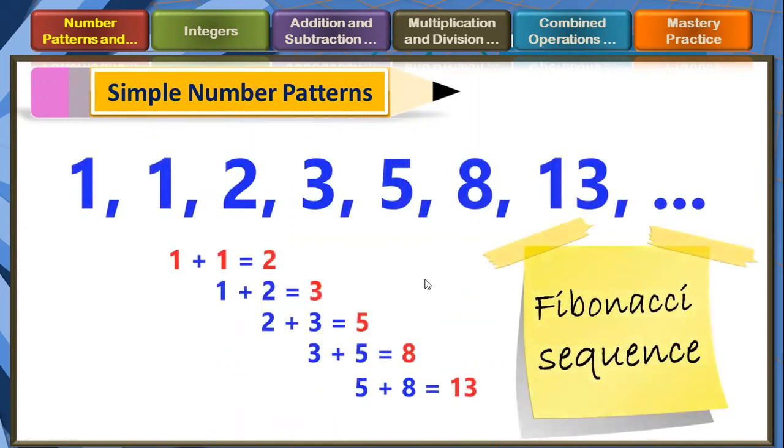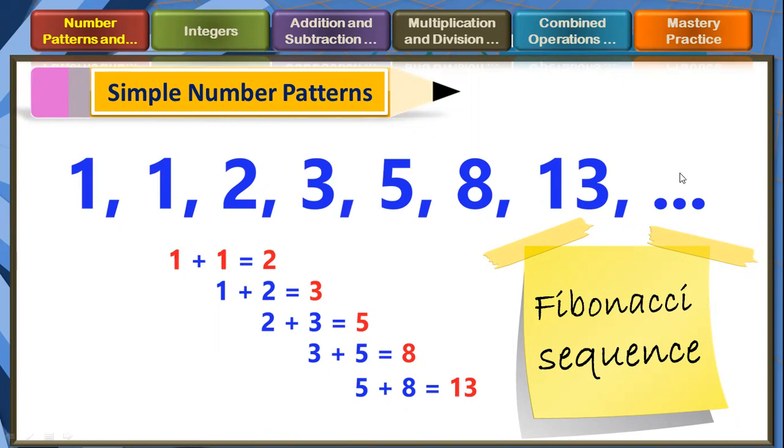We have also the Fibonacci sequence. What is a Fibonacci sequence? All you have to do is look at the sum of the two numbers before a number. Like here, we don't have a number here, so that means we can use a 0. 0 plus 1 is 1. 1 plus 1 is 2. 1 plus 2 is 3. 2 plus 3 is 5. 3 plus 5 is 8. 5 plus 8 is 13. 8 plus 13 is 21.